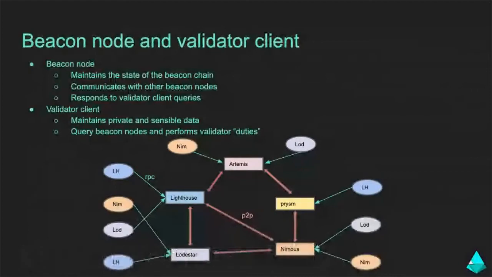The beacon node maintains the state of the beacon chain. It communicates with other beacon nodes via P2P, and it responds to validator client requests. A validator client is relatively lightweight. It maintains the private sensitive data, for example the private keys, and it queries beacon nodes and performs duties such as attesting, proposing, and aggregating.